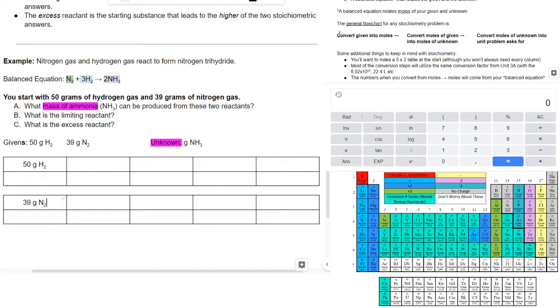With each of these, we're going to go through our stoichiometry process, which is why I've got our flowchart notes up here on the top right of your screen. So we have that to guide us along. Our first step is to get our given into moles. So we have grams of H2. I bring that down. We need to get that to moles of H2.